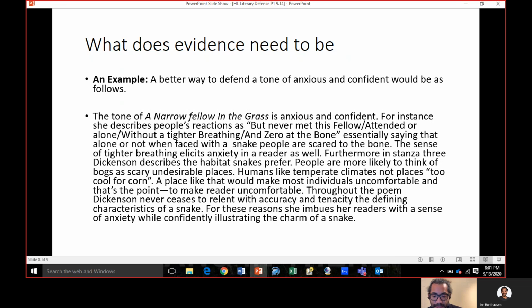Throughout the poem, Dickinson never ceases to relent with accuracy and tenacity the defining characteristics of a snake. For these reasons, she imbues her reader with a sense of anxiety while confidently illustrating the charm, no pun intended, of a snake.